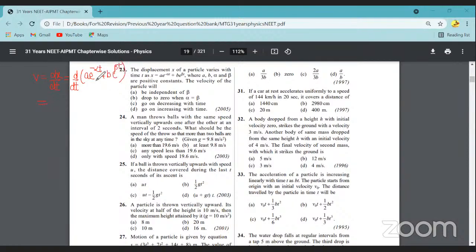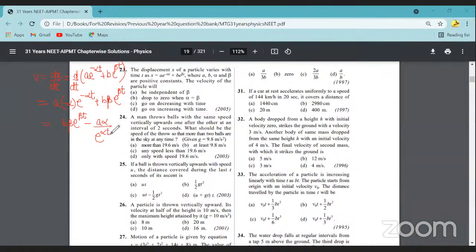Okay, so a into minus alpha e to the power minus alpha t plus b beta e to the power beta t, है ना? This can be written as b beta into e to the power beta t minus a alpha by e to the power alpha t. Clear?